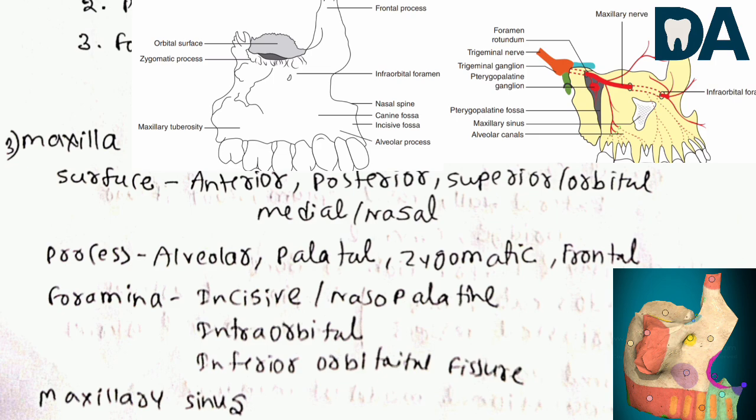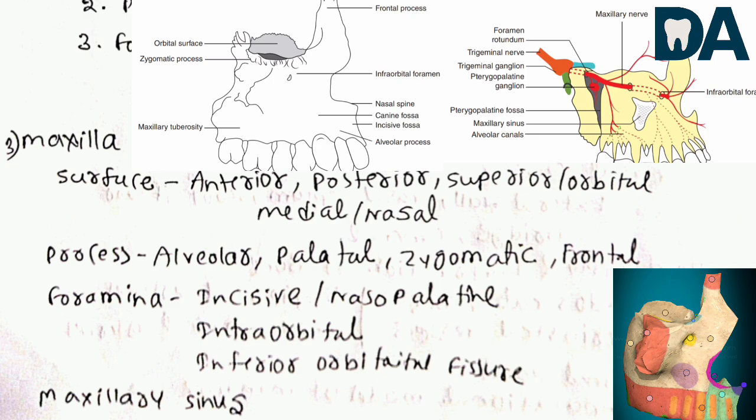Nasal notch. This is a curved depression on the medial aspect of the maxilla bordering the nasal cavity. It meets the similar structure on the opposite side to form the nasal spine.